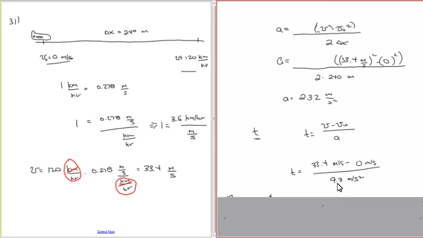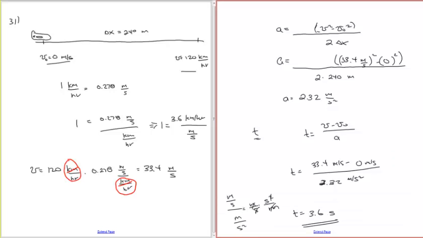And if I put in the right acceleration, 2.32, we have 33.4 minus 0, which is 33.4, divided by 2.32, which is 14.4 seconds.